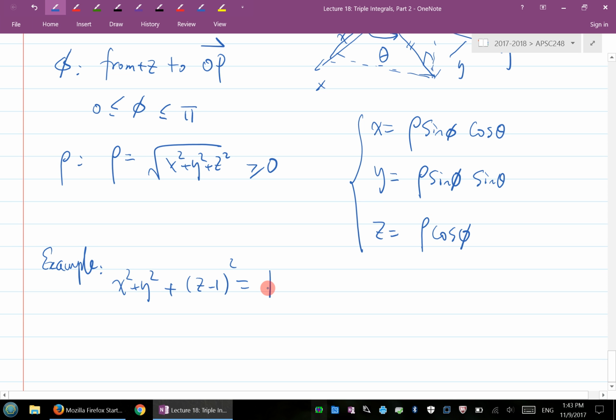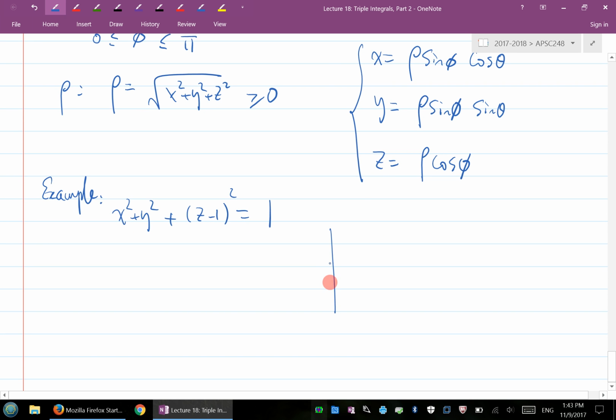It's a sphere. Where is the origin of the sphere? It's at 0, 0, 1. Right? Very good. That's a sphere with origin at 0, 0, 1.